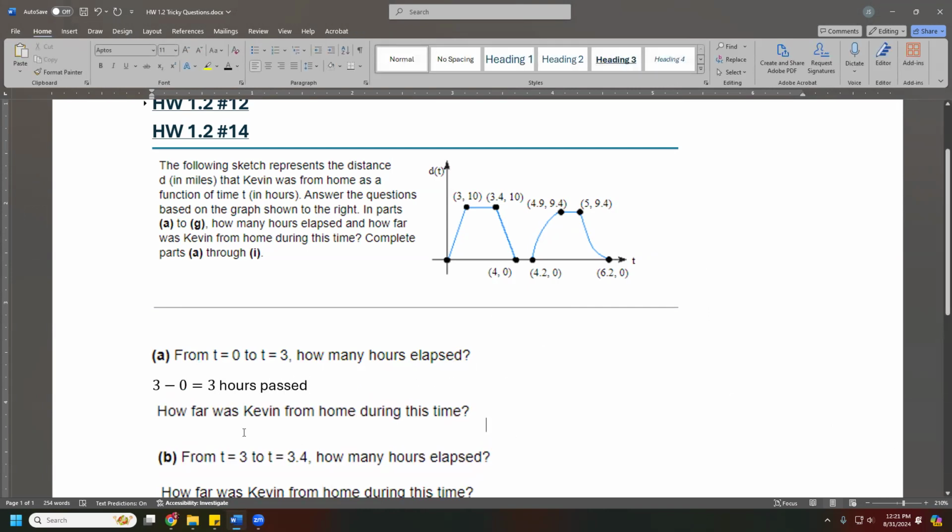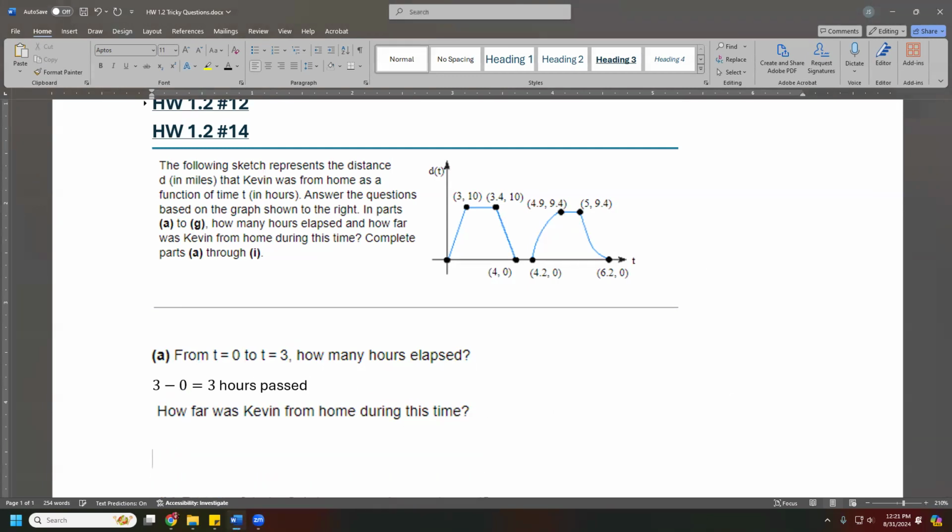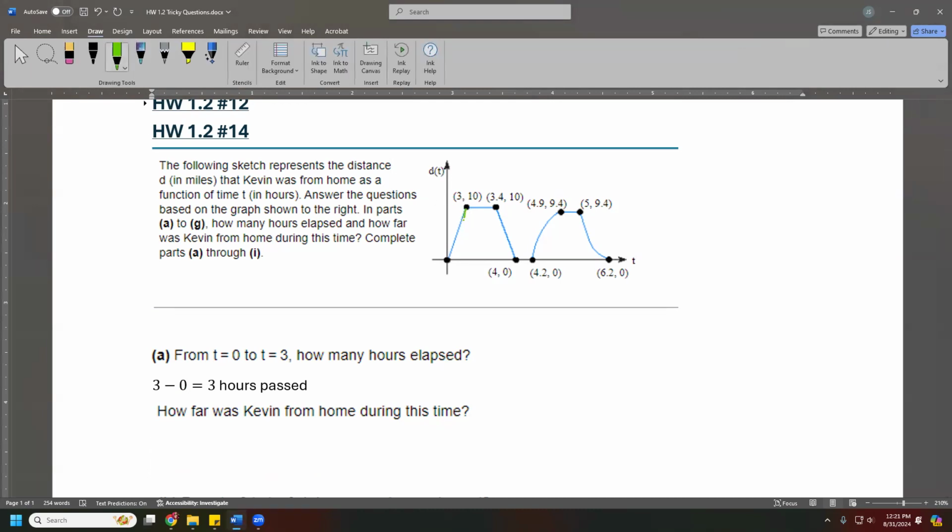Now, the next part says, how far was Kevin from home during this time? This is multiple choice. This is almost a trick question because if I look at my graph over here, this d of t means how far he was away from home during the time. So if I look at the t value 0 and the t value 3, I'm going to draw a vertical line down here.